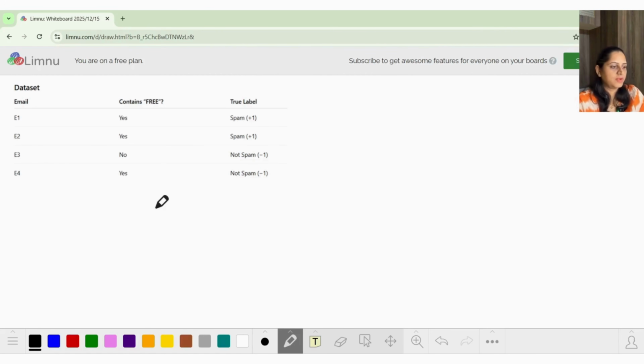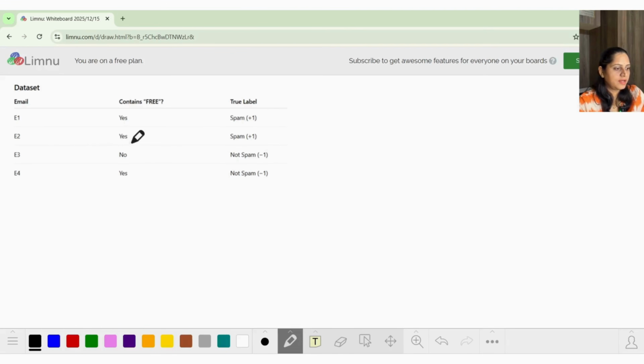You can see my data set has E1, E2, E3 and E4. If my email contains free, yes, that means it's spam. That's the label: spam means +1 and not spam means -1.